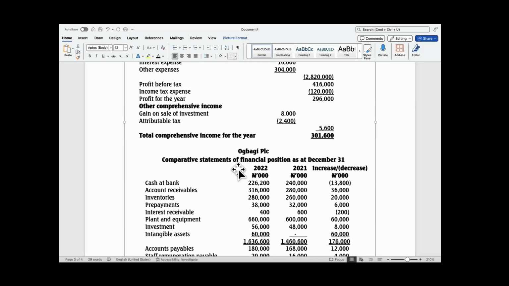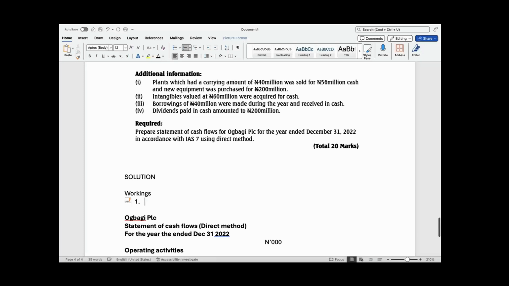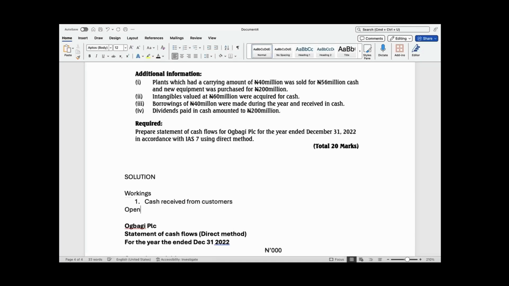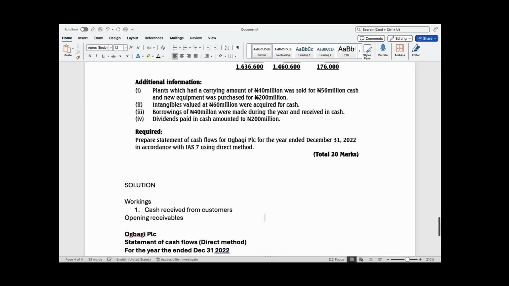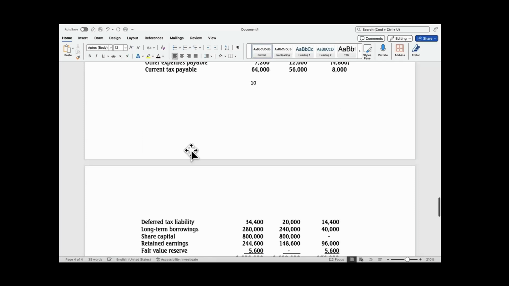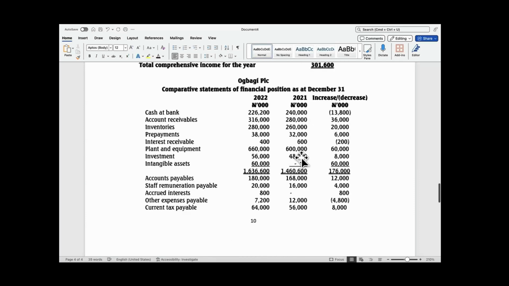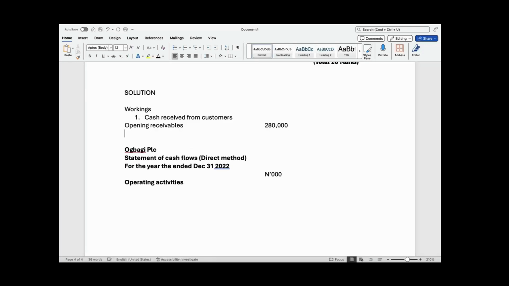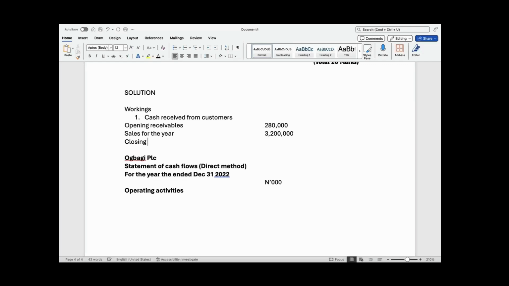Alternatively is the longer approach. The longer approach is cash received from customers. The general approach is you will do opening receivables, and our opening receivables is 280,000. I'm sure you can all see that. You would consider, okay, what's our sales for the year? We got that as 3.2 million. Then you deduct your closing receivables.